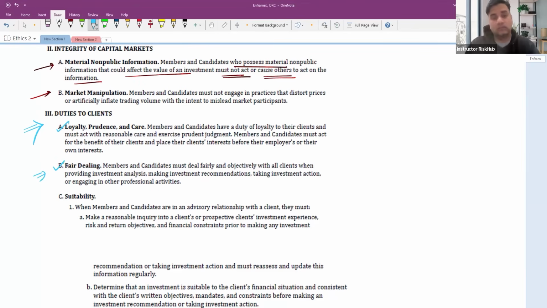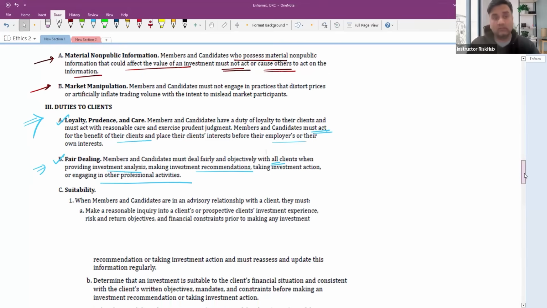You must deal fairly and objectively with all clients, right? When providing investment analysis, making investment recommendations, taking investment action, or engaging in other professional activities. Again, loyalty and prudence: you must act for the benefit of your clients. Employers come later, right?